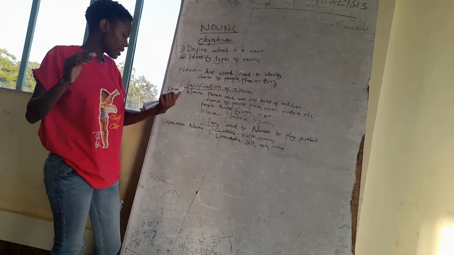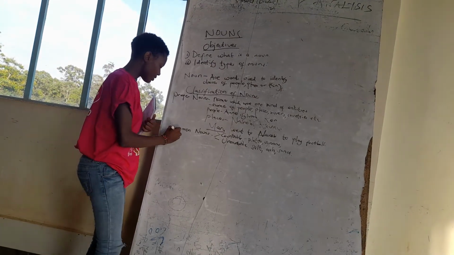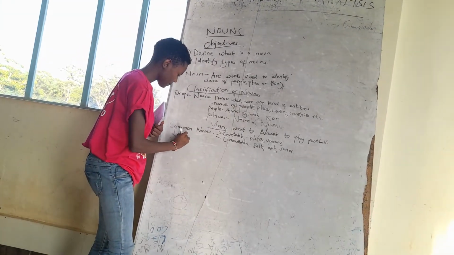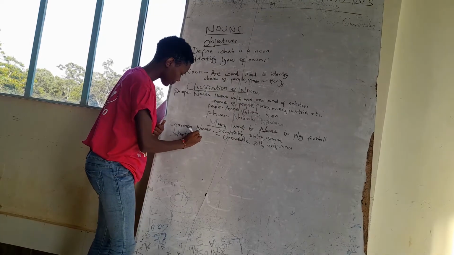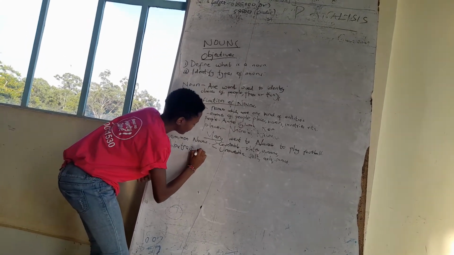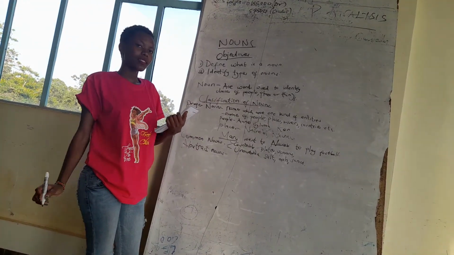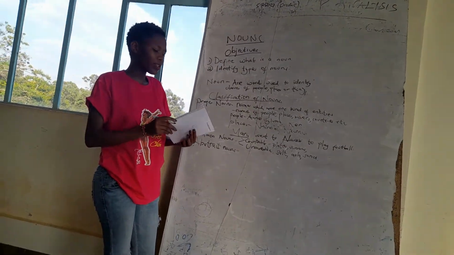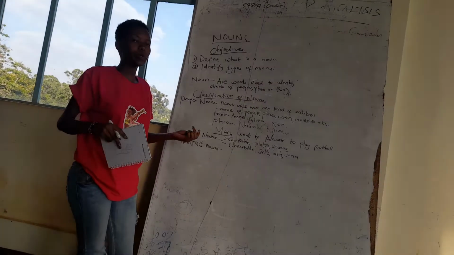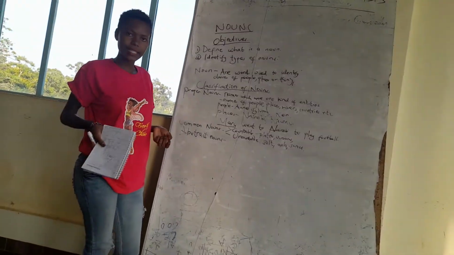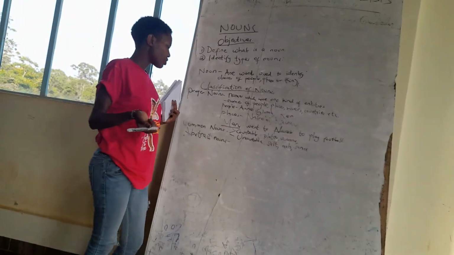We head on to the next, which is abstract nouns. Abstract nouns refer to nouns that we can only feel through our 5 senses, which include feeling.